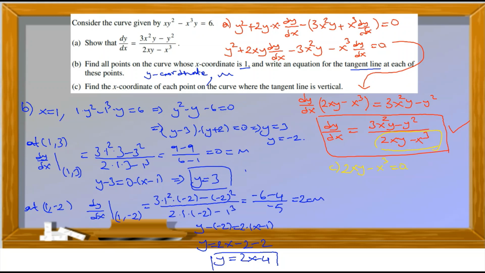This can be factored into x times 2y minus x squared equals 0. From here, x is either 0, or 2y minus x squared is 0, so y is equal to x squared divided by 2.